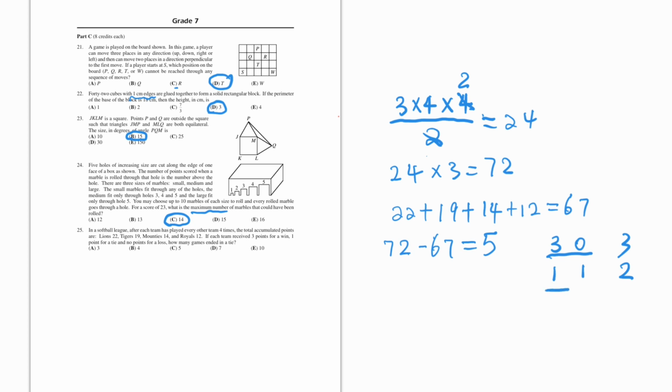So the tie and the win, the score difference is 1. So 1 tie will be 1 point less. So 5 points less means there are 5 ties. So the answer is C.